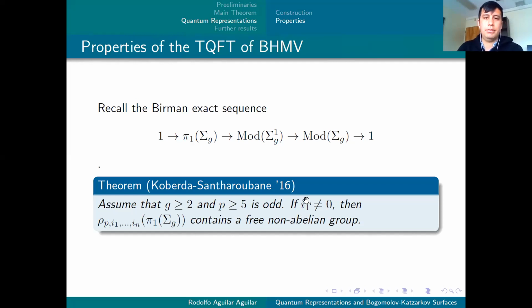And then the answer, a quite recent answer, is yes. So with the same hypothesis, plus this one, my one is not 0, this representation is infinite, and moreover, it contains a free non-abelian group. So if you see, this is the statement that I had in the previous theorem.